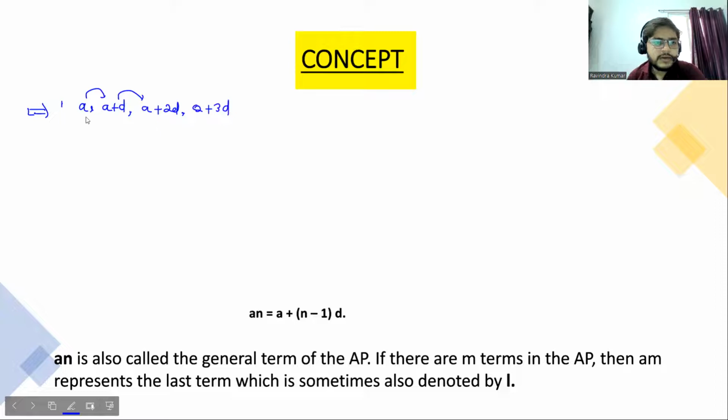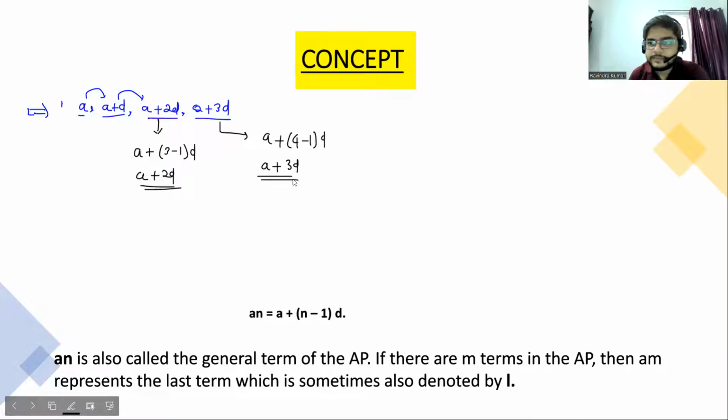So this is the first term, the second term, the third term, the fourth term, right? In the third term, it is a, the initial or first term, plus (3 minus 1) d. So we get a plus 2d. This is how our term is calculated, right? In the same way, for the fourth term, a plus (4 minus 1) d, so a plus 3d. So it is the fourth term, right?